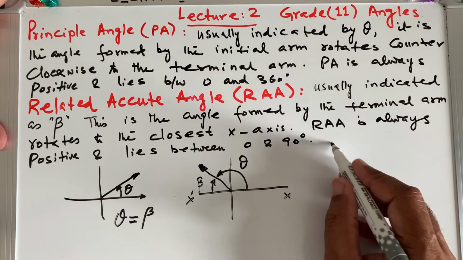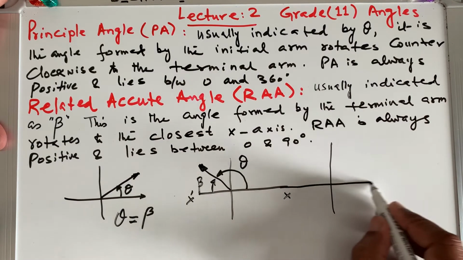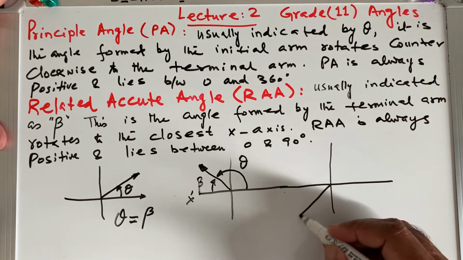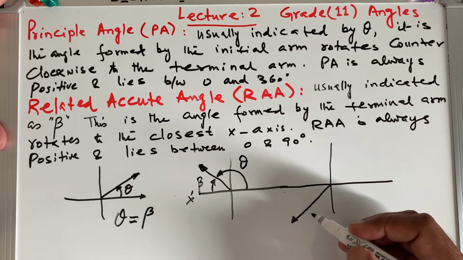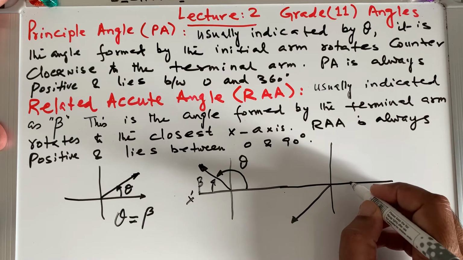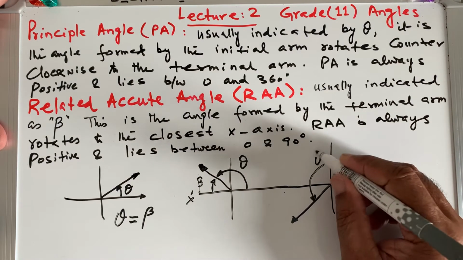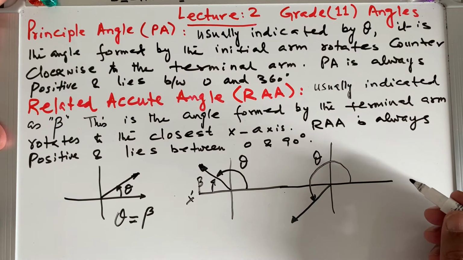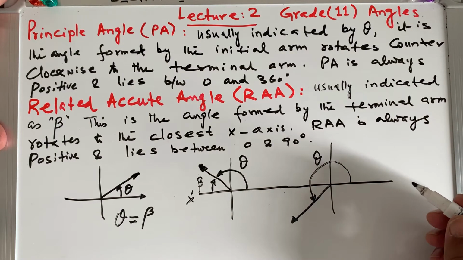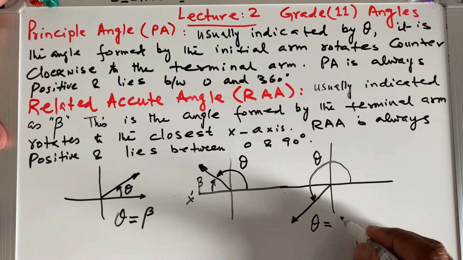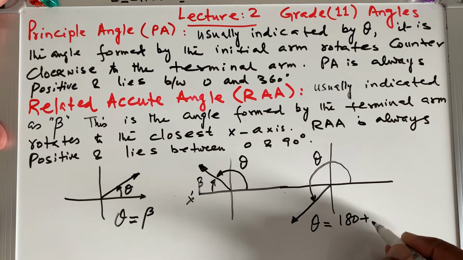Or if I have another diagram, for example with the angle indicated here, I have to find my theta and beta. My theta as per definition is this. And what is my beta? Here we have to understand that theta is equal to 180 plus beta.